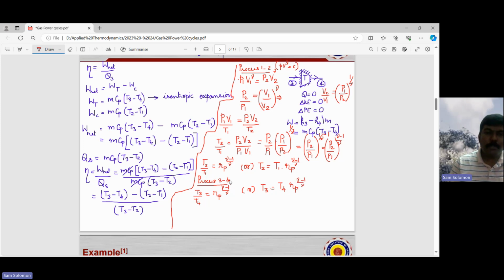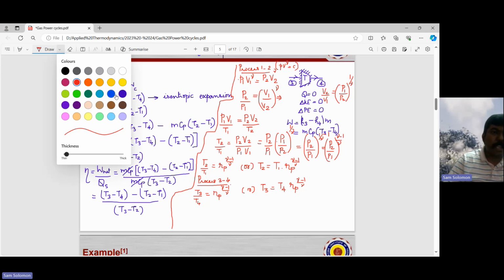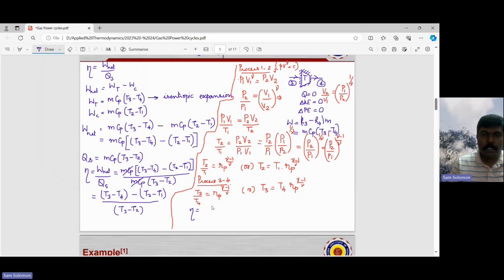I would encourage you to follow the same steps as I have done for process 1-2, and you will be able to derive this. If this is the case, now I will be able to substitute that in this particular equation. So eta is T3 minus... let's substitute for T3 over here.